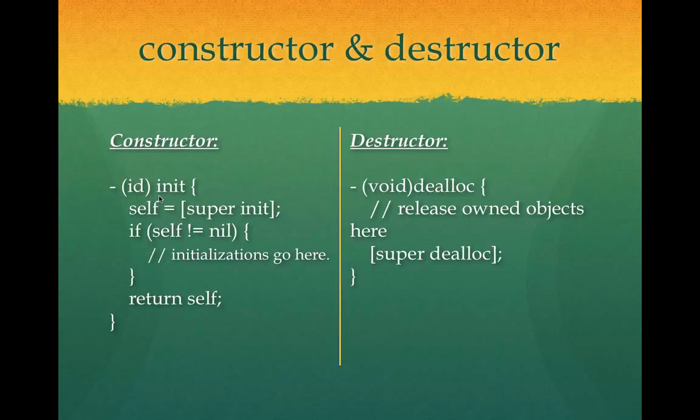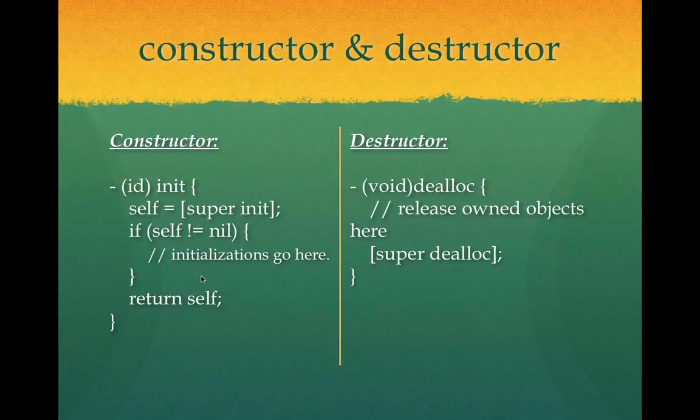Here it is a little different. There is an already embedded constructor method, which is init, and initialization goes here. The constructor and destructor will be supplied for you with any creation of any class. So whenever you create a class, there is a previously prepared template with the constructor and destructor.